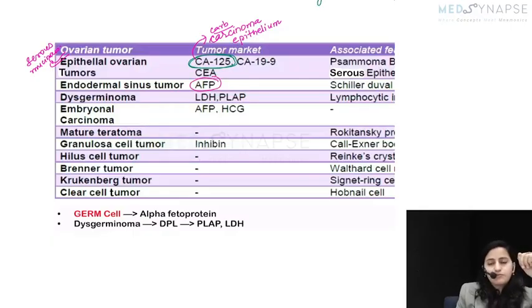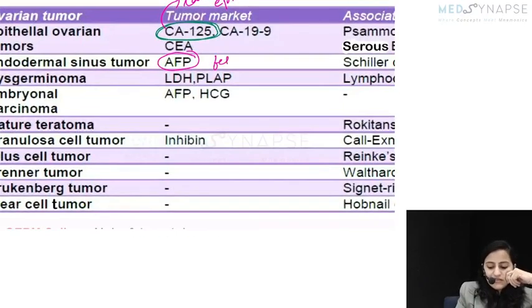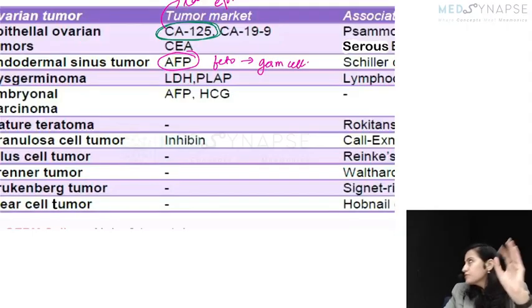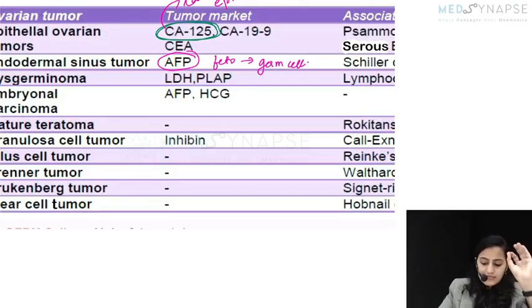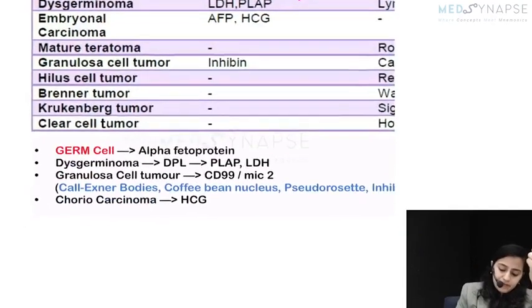Alpha fetoprotein. When I say it is fetus, which tumor will have alpha fetoprotein? Which group? Epithelial, germ cell, sex cord stromal? Germ cell. Fetoprotein, fetus, germ cell. So alpha fetoprotein is your marker for germ cell tumors, but except in which one do you not have alpha fetoprotein? Dysgerminoma.